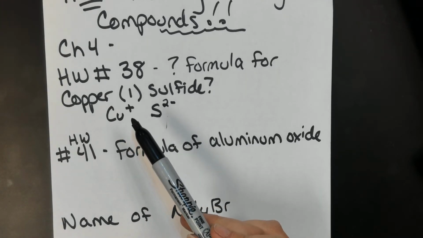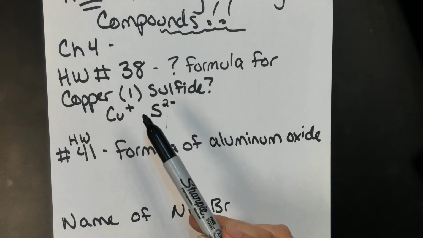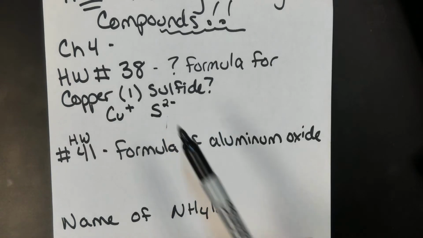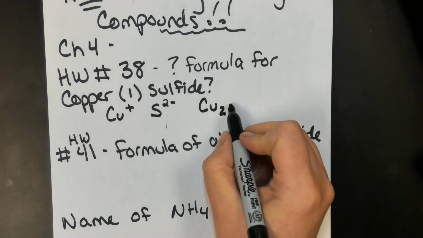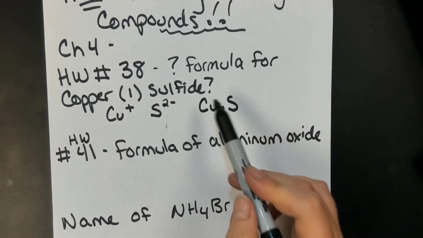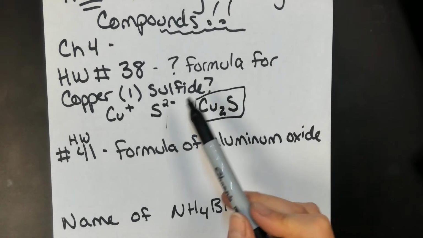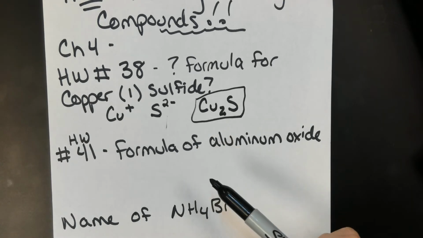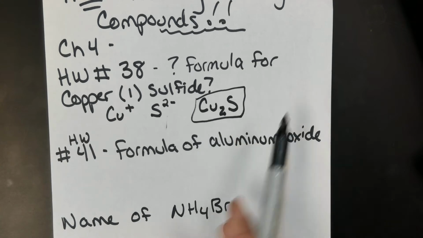The smallest number that a 1 and a 2 have in common is a 2, so I need enough of these to balance out that 2-. So I'm going to have Cu2S, copper sulfide. Notice I don't put parentheses around the Cu because there's only one of them. So this is copper(I) sulfide.